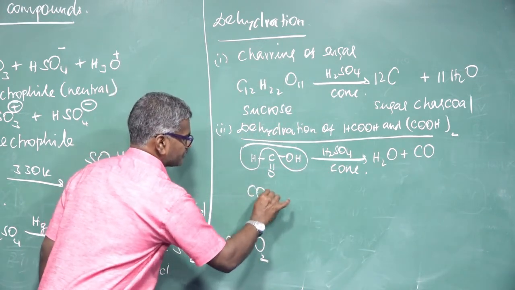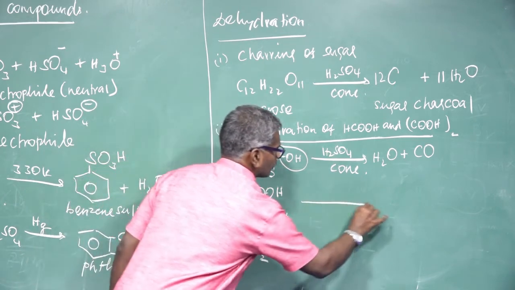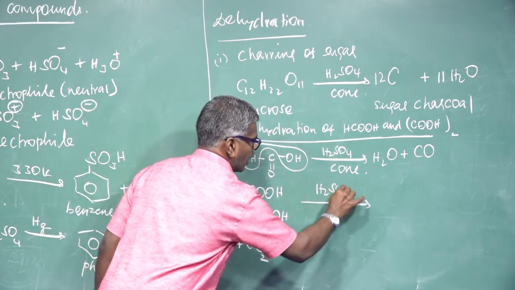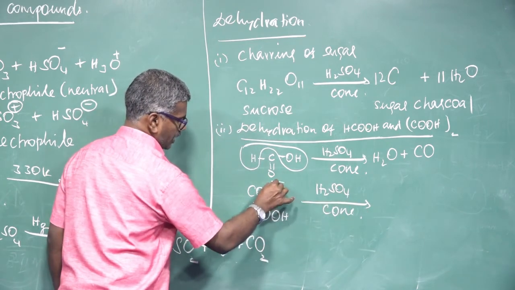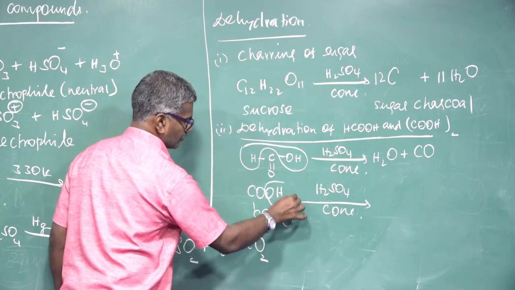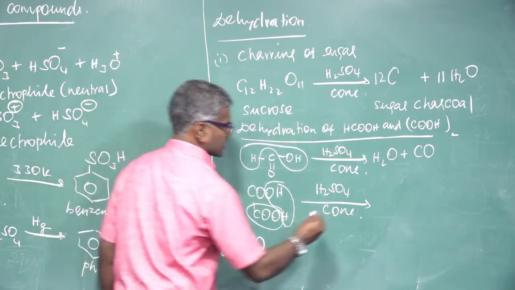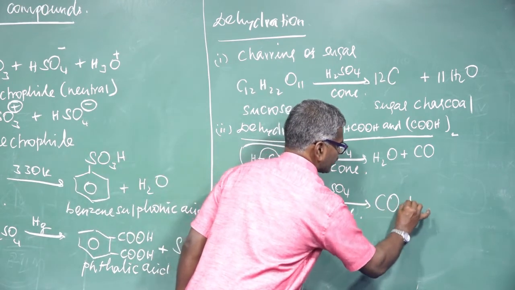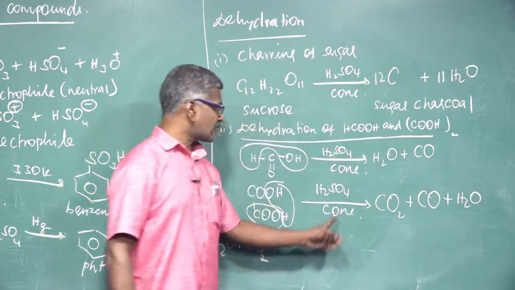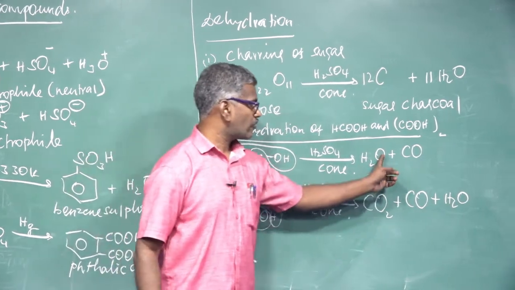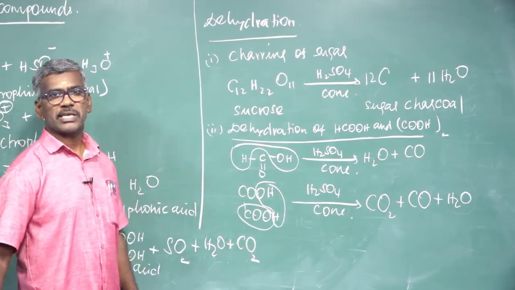Oxalic acid reacts with the same concentrated sulfuric acid, removing water, giving carbon dioxide, carbon monoxide and water. Sulfuric acid is used to remove water from compounds. This is known as a dehydrating agent.